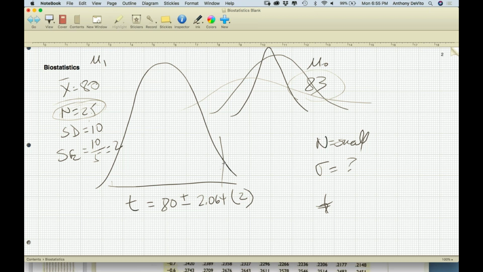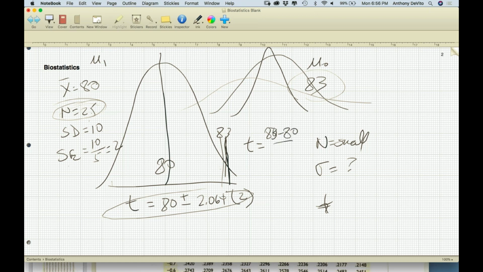So yeah, that's one way to look at it. But wait a second, let me look at this another way. How many t-scores apart are those two values? Here's 80. Instead of working out a confidence interval, let's look at how far apart these are. Right? So the standard error is that. Okay, so this is 83. So the number of t-scores, the number of standard errors apart that these are, is equal to 83 minus 80 over the standard error, which is 2.